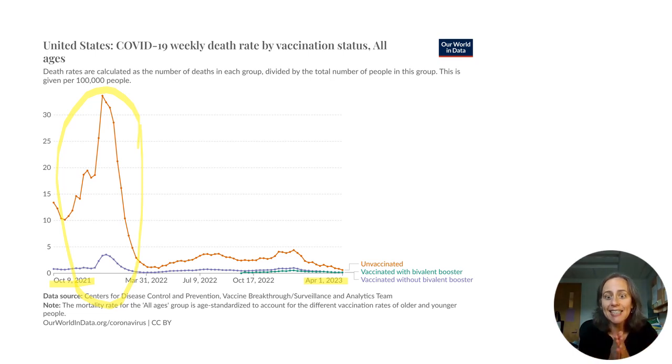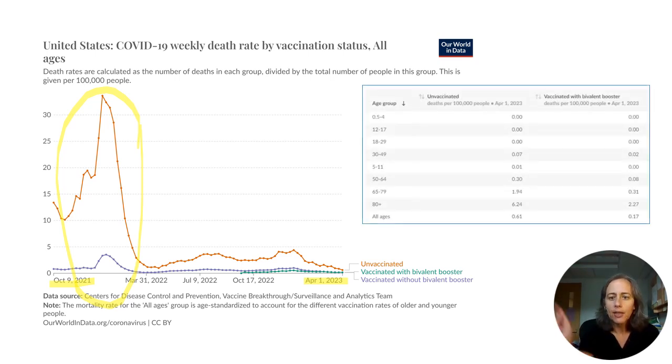And I was interested to see how much smaller. So remember earlier that New York Times, the relative risk was 13 times higher for unvaccinated versus vaccinated for death. So I thought, okay, let me get the data. I actually downloaded the data table for April 1st, 2023, which was the most recent I could get.